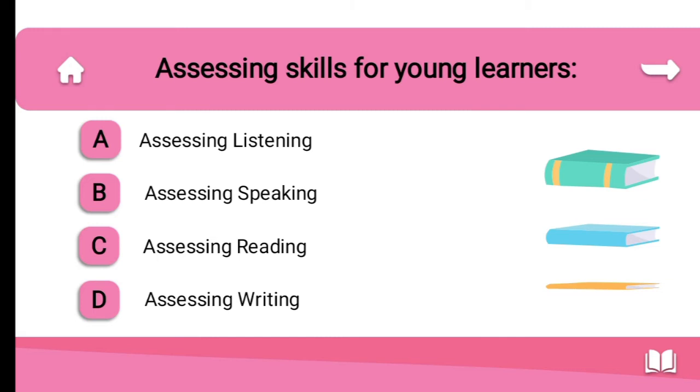And then we have writing. Writing is assessed by generating and examining writing samples. Students can write examples consisting of sentences, paragraphs, or essays. This sample can be either fiction or non-fiction and can be assessed by using an analytic or holistic rubric.